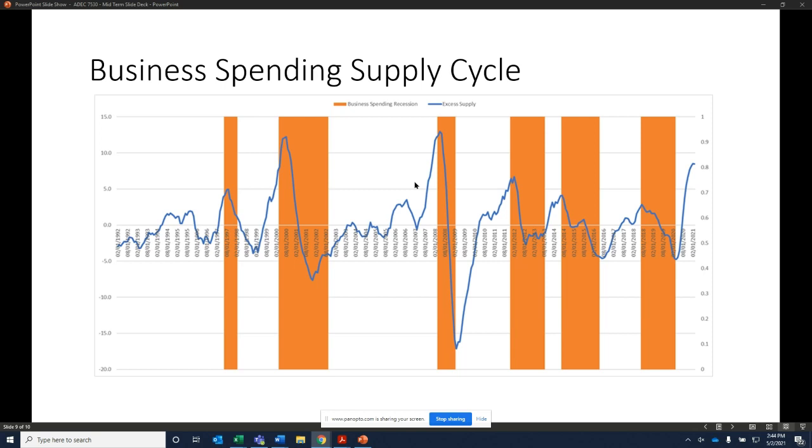So what's interesting from this is you can see, again, this is showing the CapEx recessions that we defined before. And ahead of every single CapEx recession, there was a significant run up, some larger than others, in excess supply.